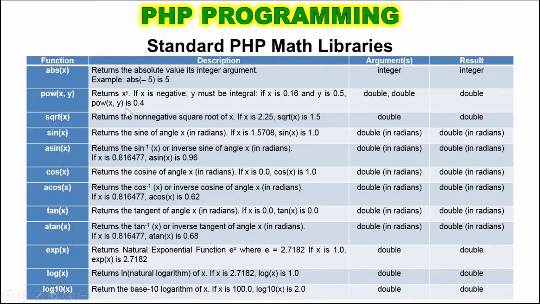The PHP programming language, like other programming languages, offers built-in libraries, such as standard math libraries. For example, if we compute exponents, we use the function pow, and then pass 2 arguments. The first argument is the base, the second argument is the exponent.